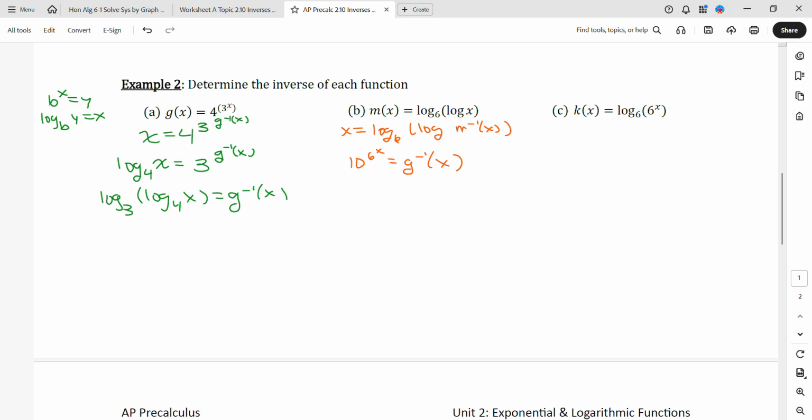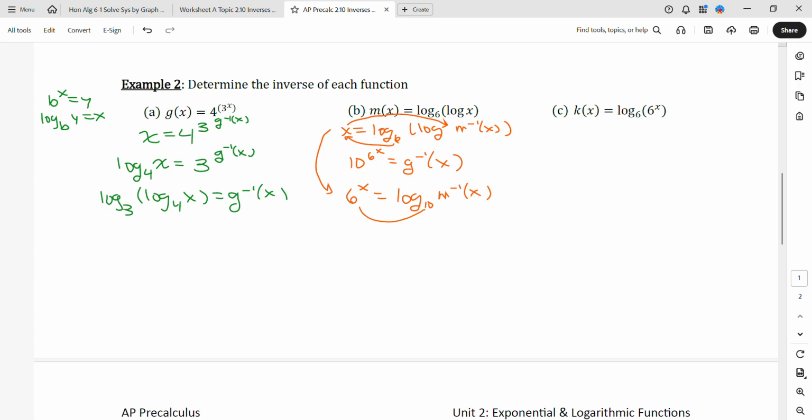To see some of the pattern, here is the other way you could do it. You could use the definition of logarithms to exponentials. For instance, 6 raised to the x equals this expression. Okay, so that's the answer, but you could go from here to here, and then 10 raised to 6 raised to x equals the inverse of m.